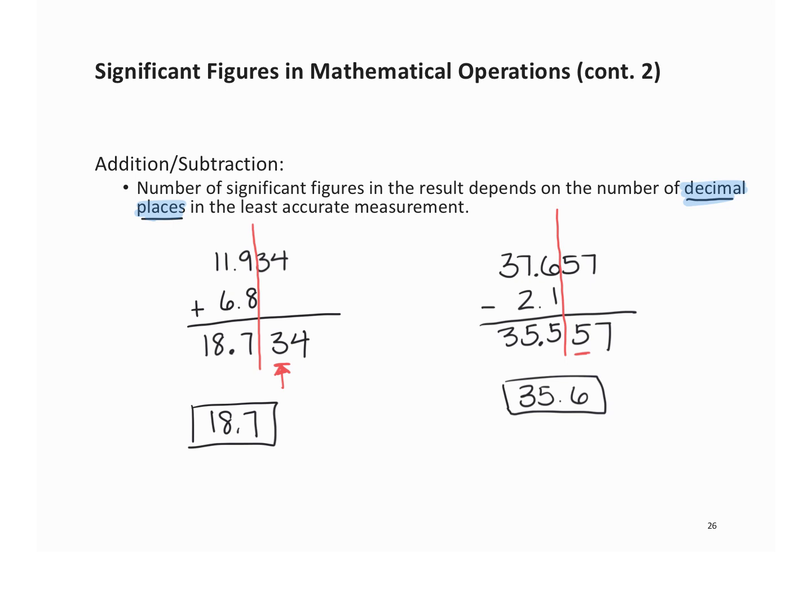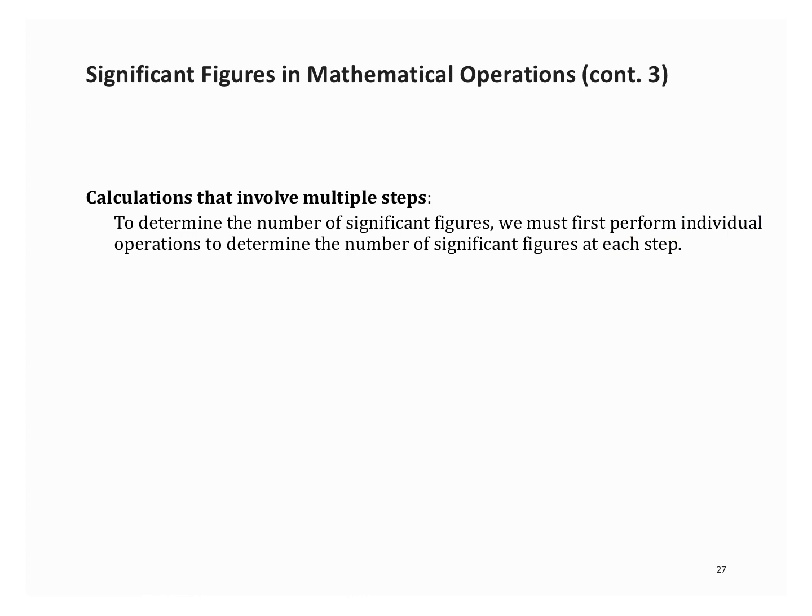So that's how you do addition and subtraction. Now, maybe the question in your mind is, hey, Dr. Pierce, what happens if I have a problem where we have both addition and subtraction and division? Okay, so to determine the number of significant figures, you need to perform the individual operations to determine the number of significant figures at each step.